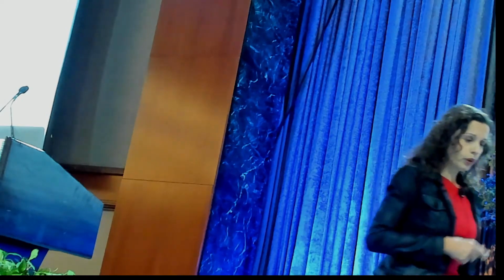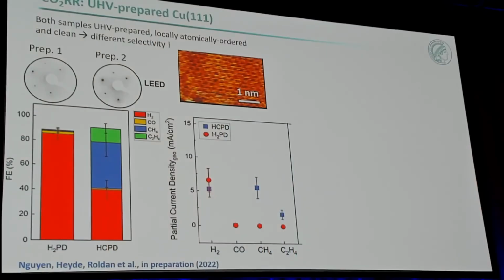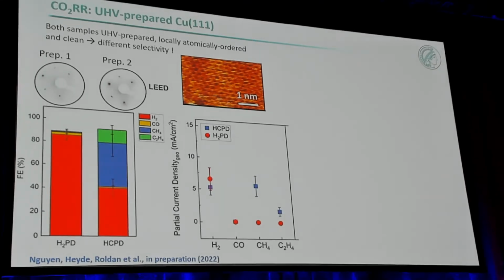So we went a little bit further and we tried to understand, can we take a surface and just prepare it in ultra-high vacuum and change the selectivity from making hydrogen to making hydrocarbons, just by controllably inducing defects? And the answer is yes.